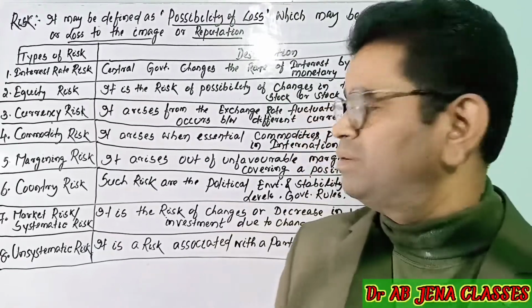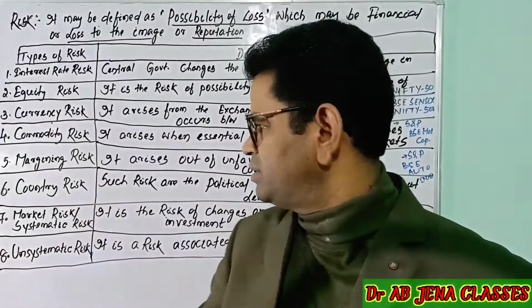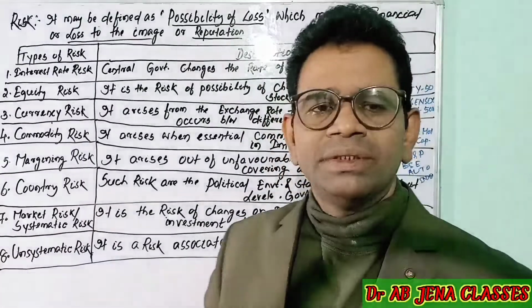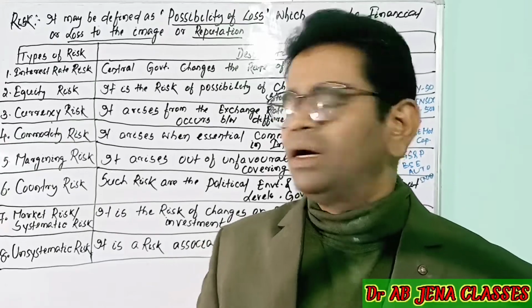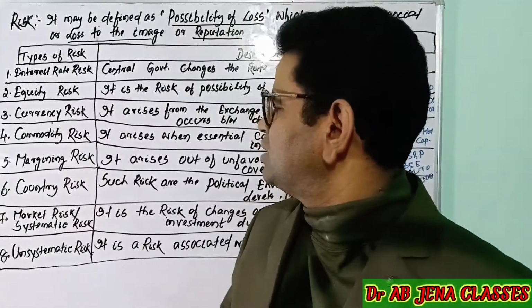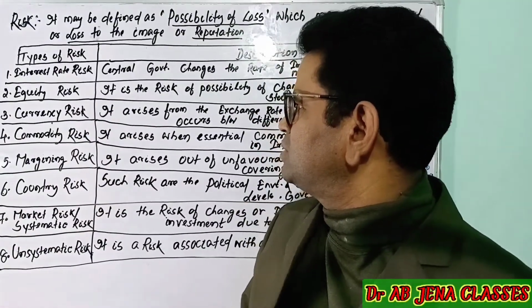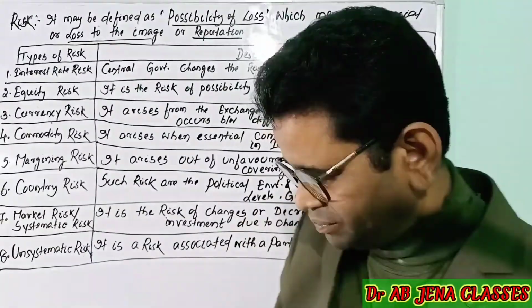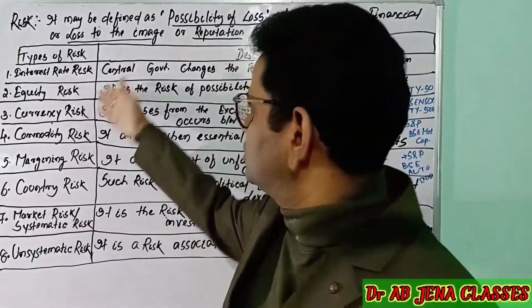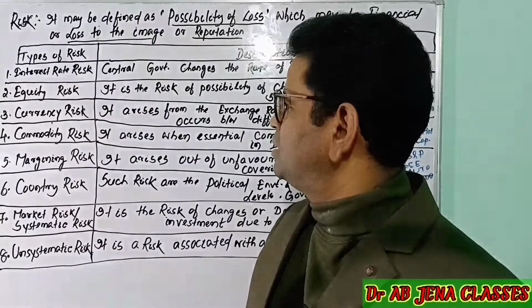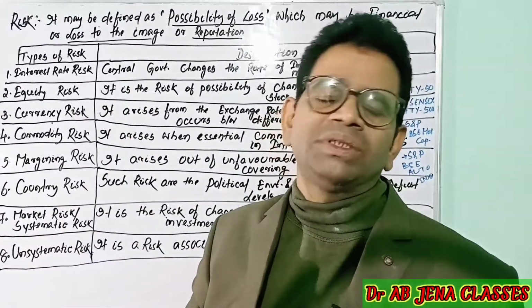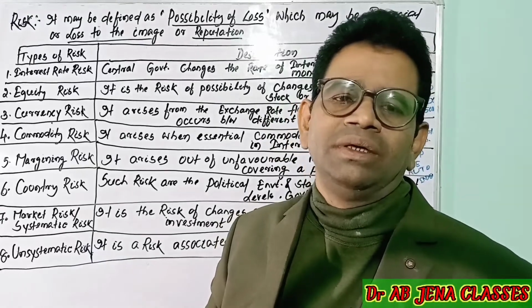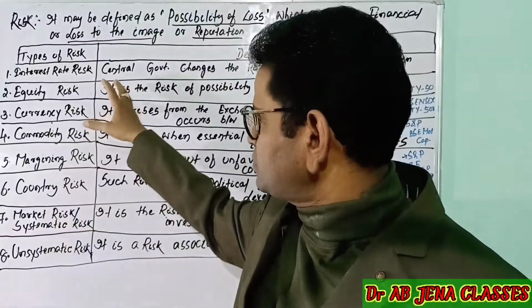There are 8 types of risks, and in a separate video we will discuss in detail the interest rate risks, equity risks, and currency risks, and in which situations such risks arise.